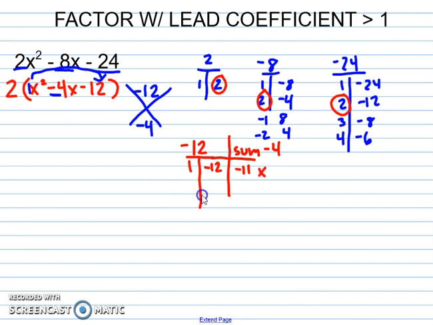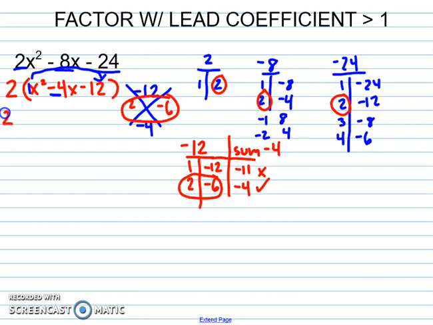No, not what I want. All right, so I can do 2 times negative 6. 2 plus negative 6 is negative 4. Oh, sweet. There's what I want. So these are the factors that I'm going to use inside. So I have 2 and negative 6. These are what goes in parentheses.